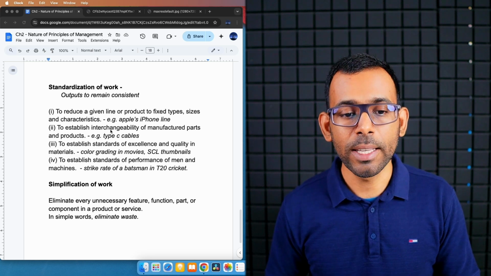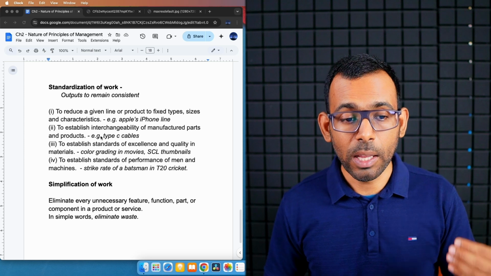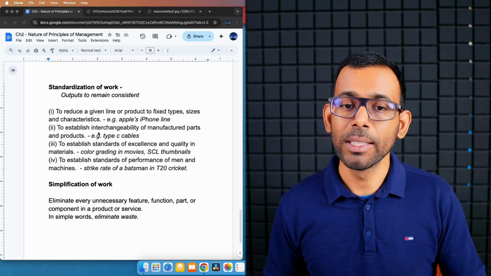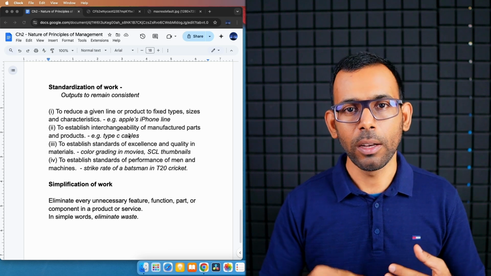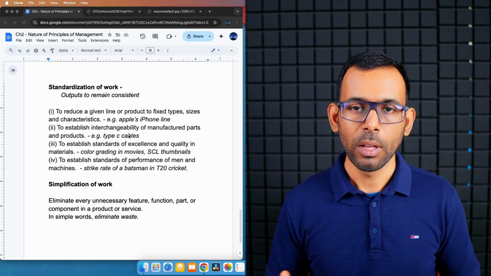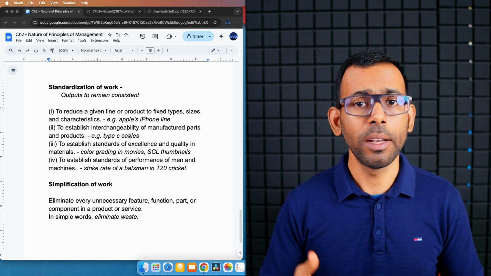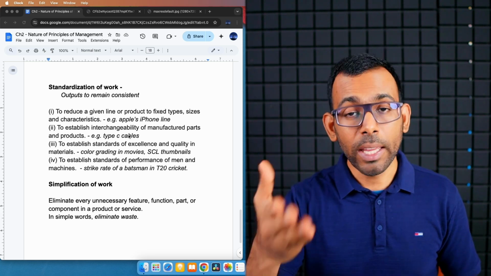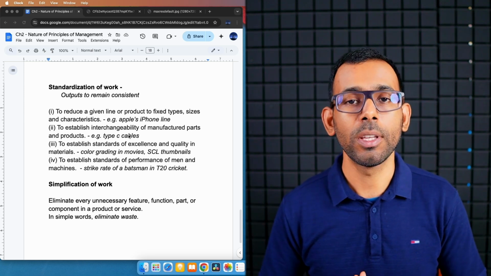The second point is interchangeability of manufactured parts and products. An example for the second point I can give you is the Type-C cables that we use. We have one Type-C cable, and for how many things do we use it? I use my Type-C cable for all the cell phones that I have. I even charge my Kindle with a Type-C cable. The very camera that I'm recording with, the camera's battery is charged by the same Type-C cable.